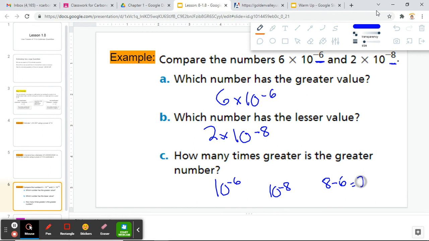So 8 minus 6 is 2. And then we have to look at how much larger 6 is than 2. So 2 times 3 is going to equal 6, or I guess I could write that as 6 divided by 2. So to find out how many times greater this is, this would be 3 times 2, which is equal to 6. It would be 6 times greater.